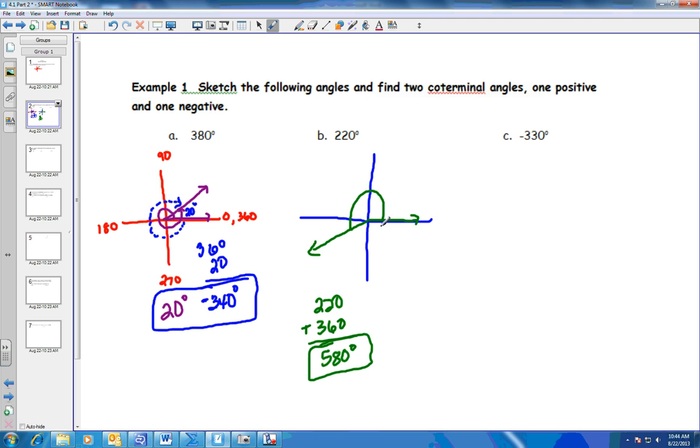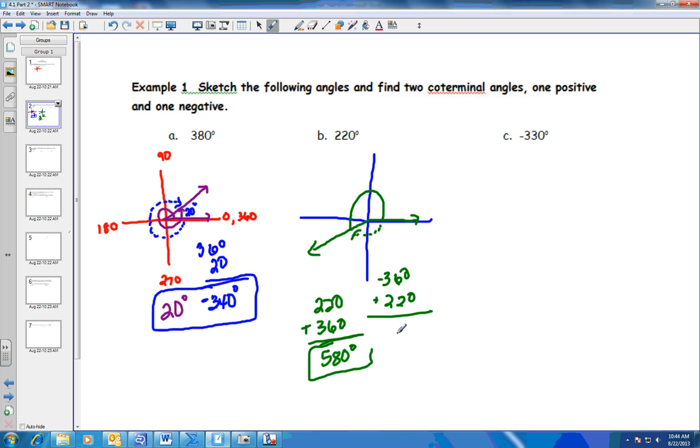To find the negative angle, the shortcut would be to subtract 360. Okay, so I know I needed to put the 360 up here, but we know it's going to be negative when I have my answer. Let's see here. Okay, so 360 minus 220.